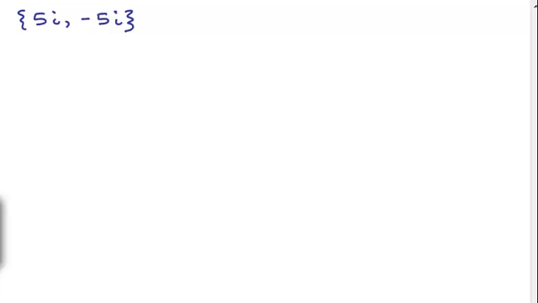All right, here's a problem where I have two imaginary numbers as solutions, complex numbers. And again, we're just going to follow the same pattern. So if these are the solutions, I have x equals 5i, or x equals negative 5i.